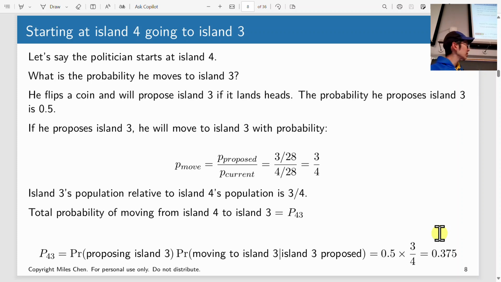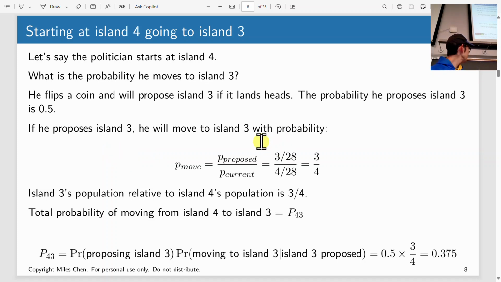All right, what about going from island 4 to island 3? He will propose island 3 with probability 0.5, because we're flipping a coin. If it lands heads, he'll propose the island to the west. But if he proposes island 3, he doesn't necessarily go there, because its population is 3,000, and island 4 has a population of 4,000.